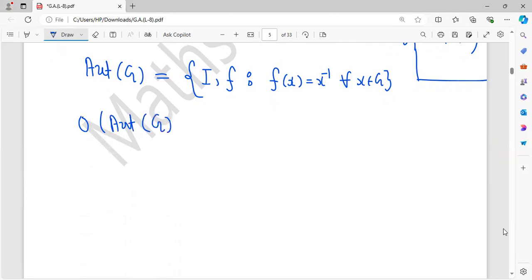How many elements are there in this group? 2.